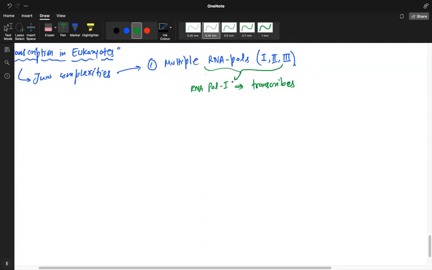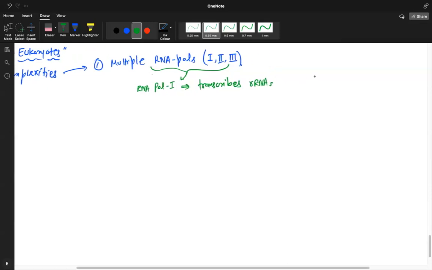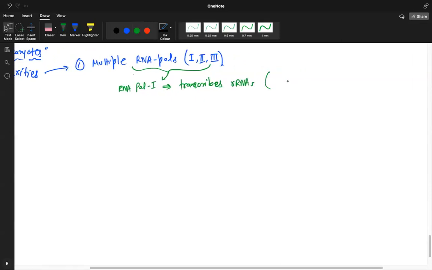In prokaryotes, the single polymerase transcribes all kinds of RNAs, but in eukaryotes, RNA pol 1 specifically transcribes rRNA. And what is rRNA? Ribosomal RNAs, right? You have studied in your junior classes that a ribosome has a bigger subunit and a smaller subunit, right?